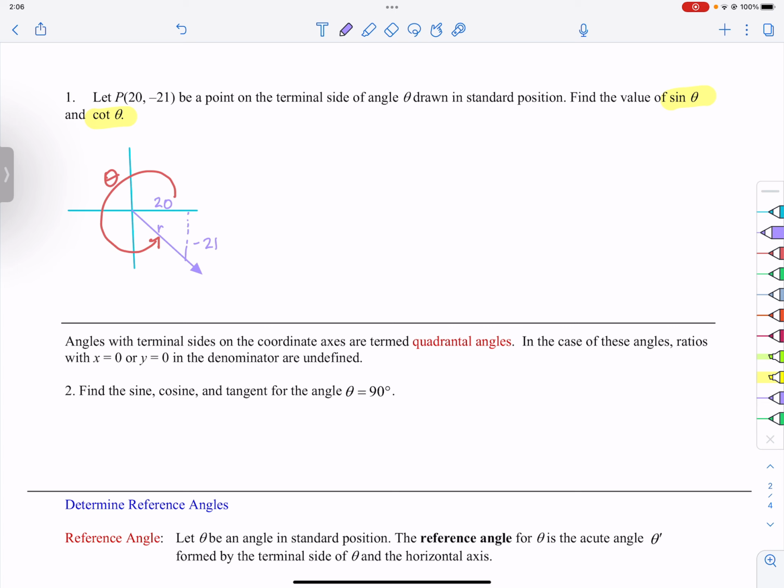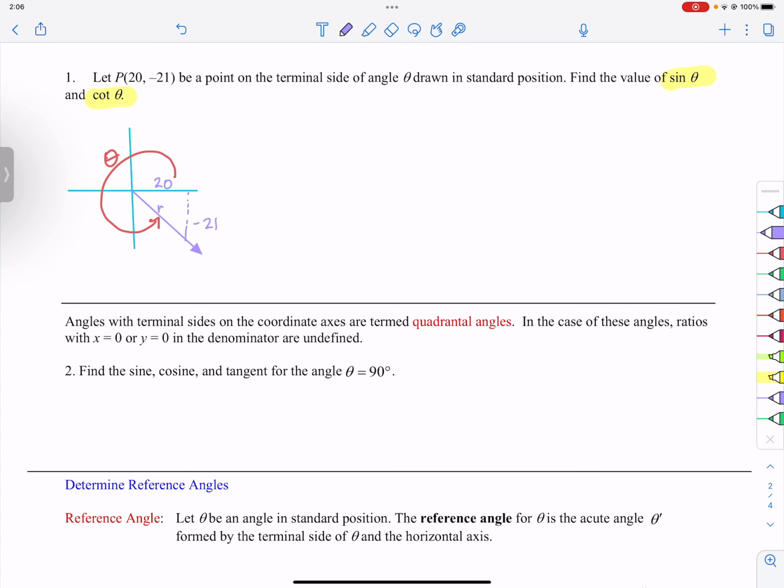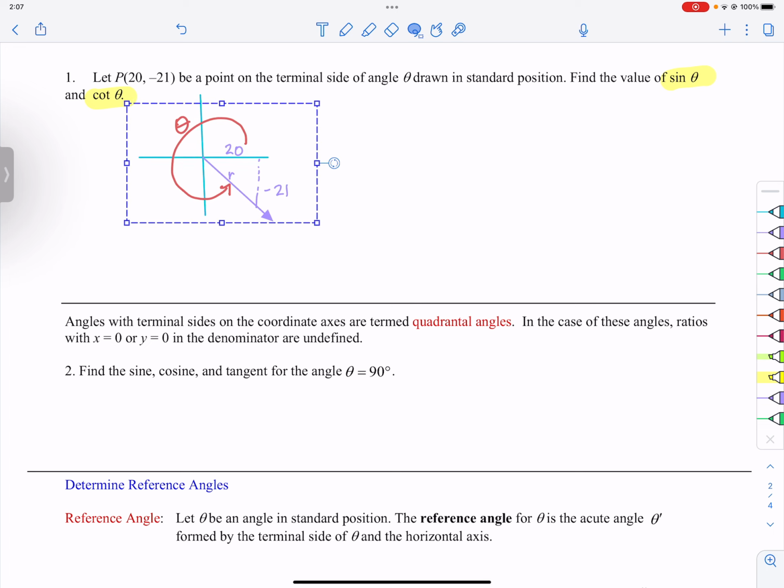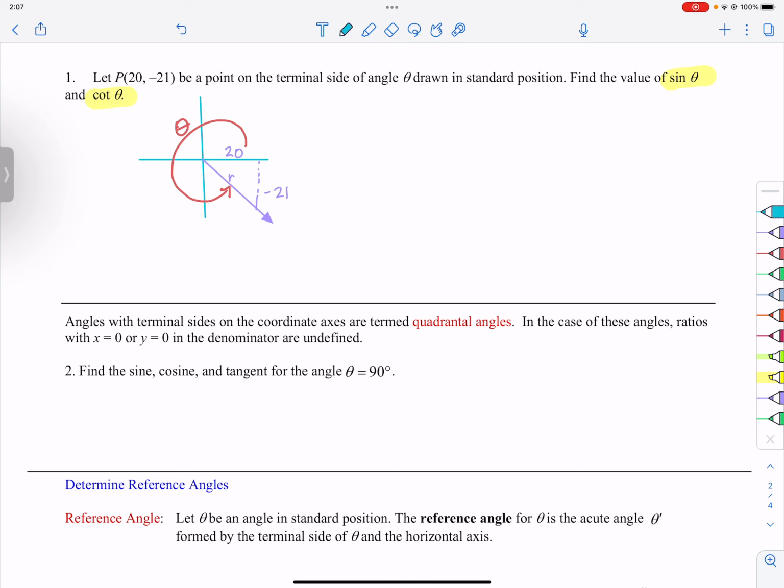So what do we know for sure? We want to use the Pythagorean theorem first, and that will really help us with this. So if we use this Pythagorean theorem first, we can write that since x is 20 and y is negative 21, we know that r squared is 20 squared plus negative 21 squared.